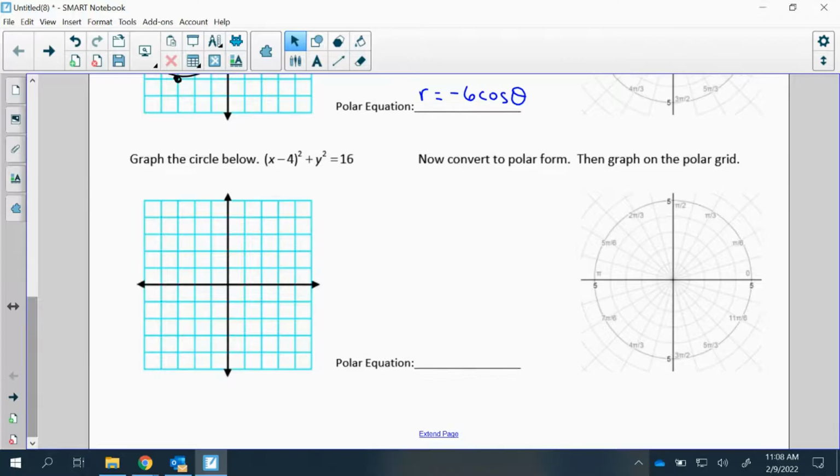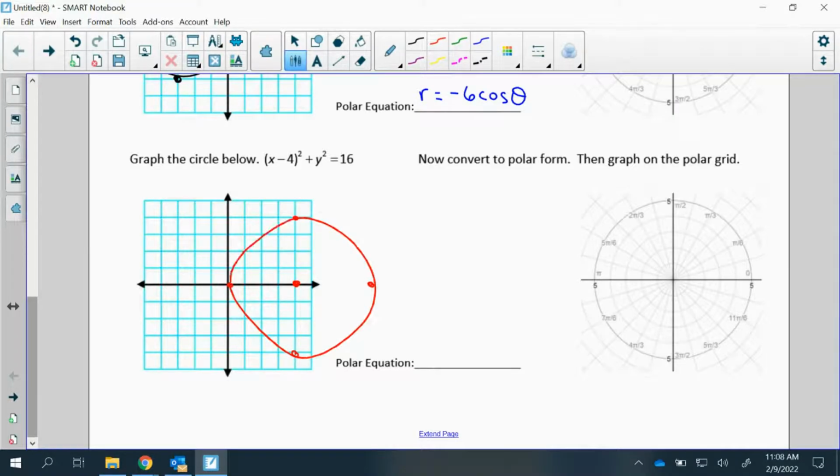The third problem I'm not going to do in depth, but you can see that it would be centered at (4, 0). And the polar equation, hopefully we're starting to figure out what the pattern is, if we complete the square and so on, we would end up with r equals 8 cosine theta.